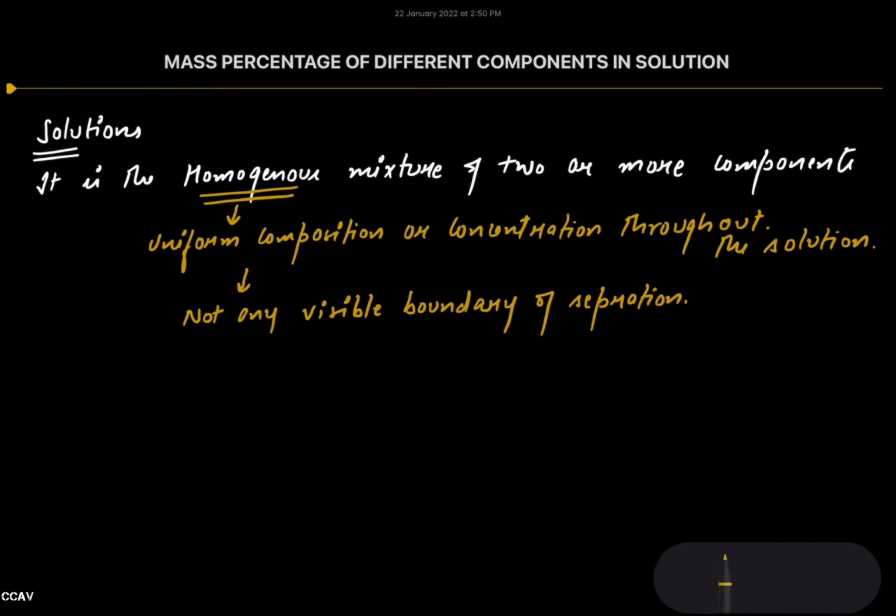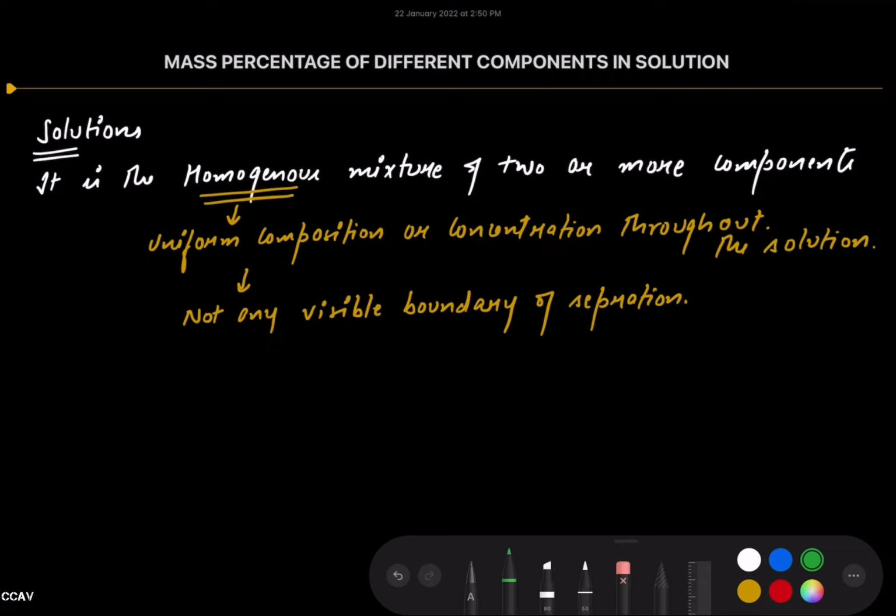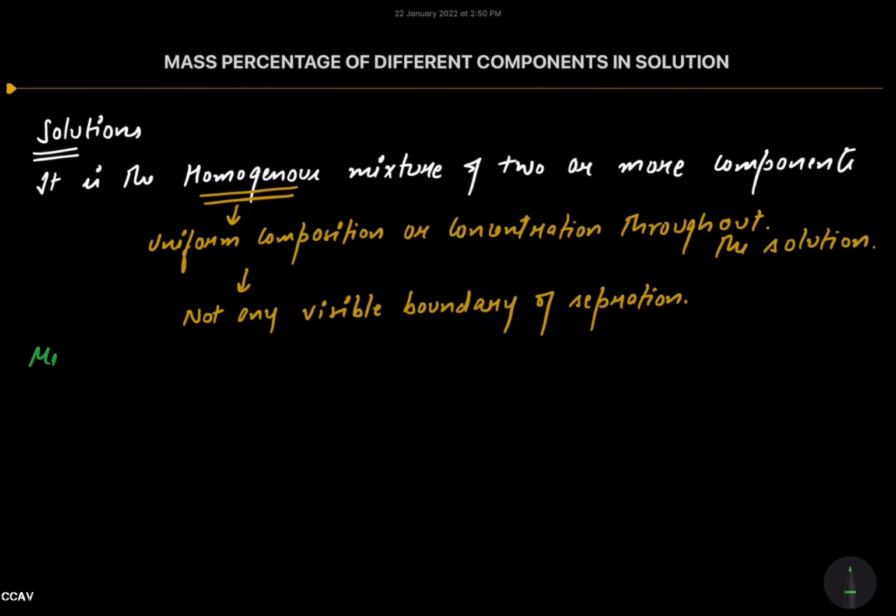Another point about solution is that the combining components, the mixing components, do not react chemically with each other. There are no chemical combinations or chemical bonds between the different components of the solution.